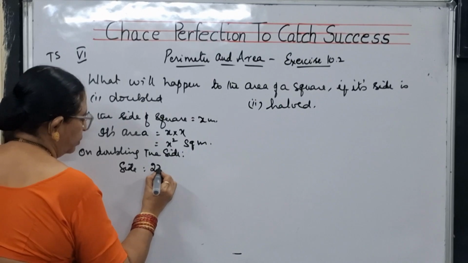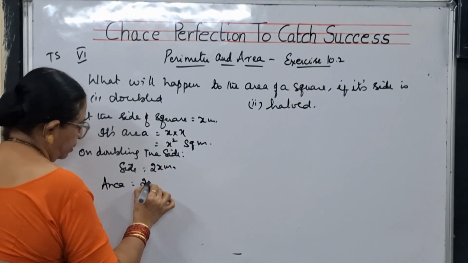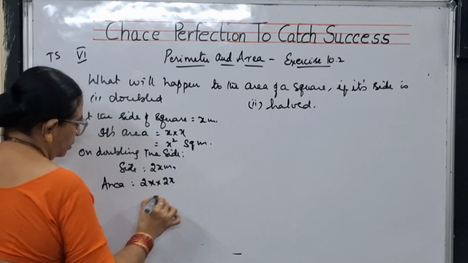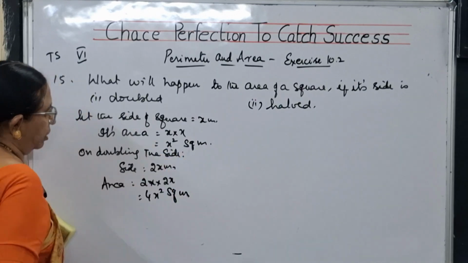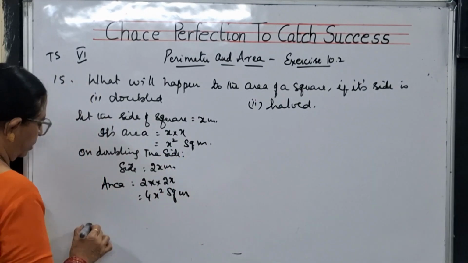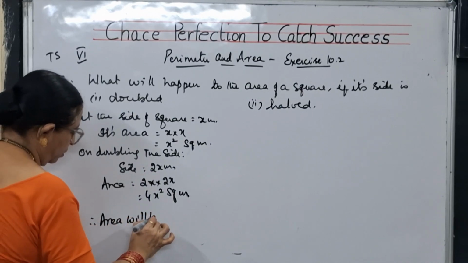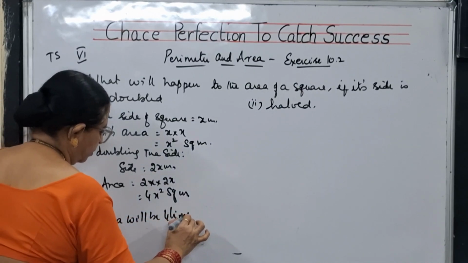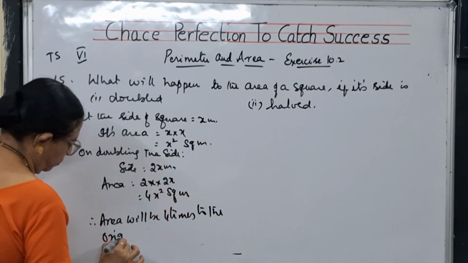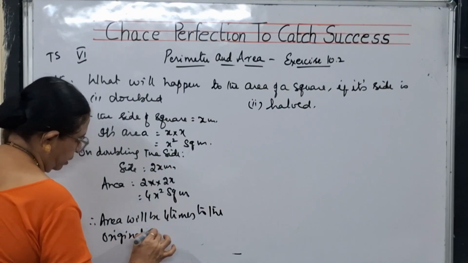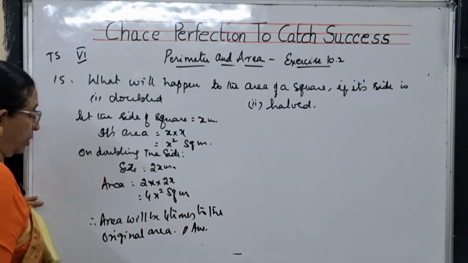Side will be 2x meters. So what is its area? 2x into 2x, that is 4x square meters. So here x square meters, here 4x square. Therefore, the area will be 4 times the original area. This is the answer for the first bit, children.